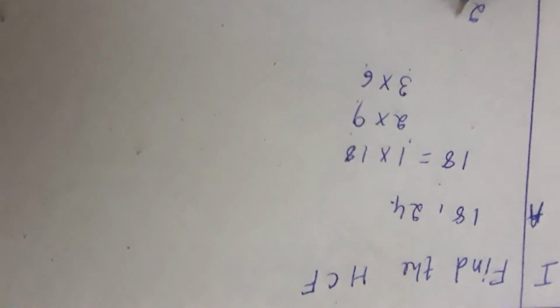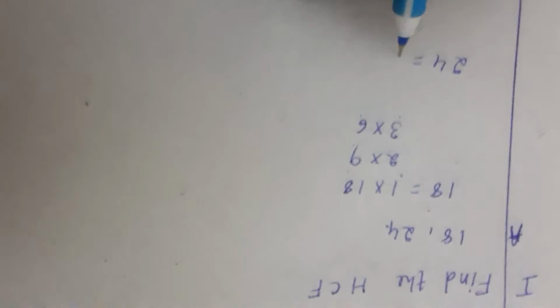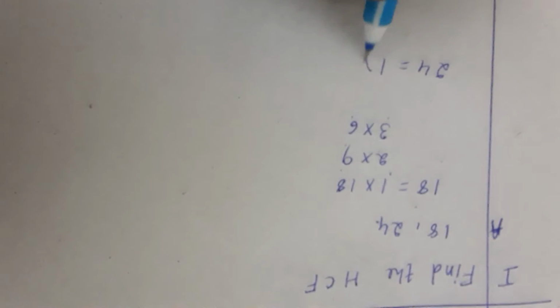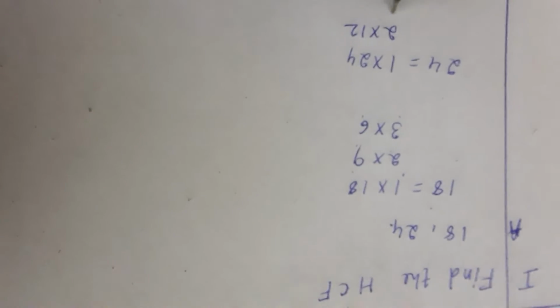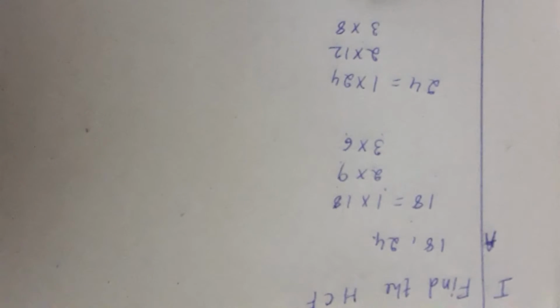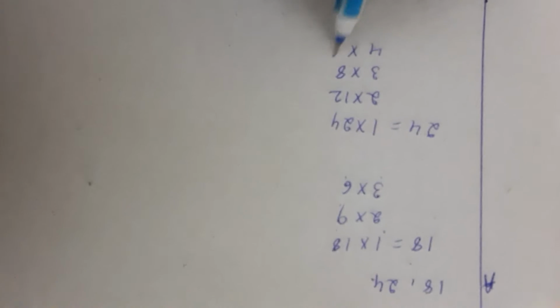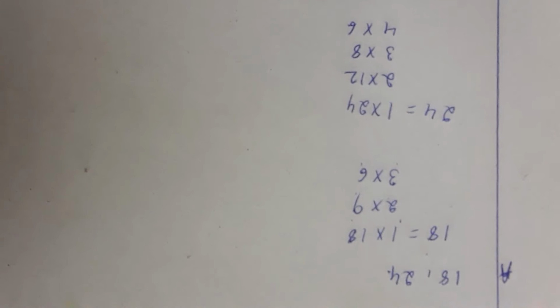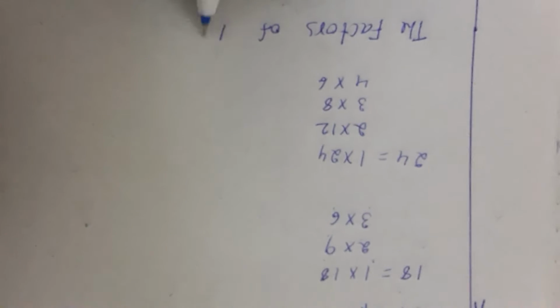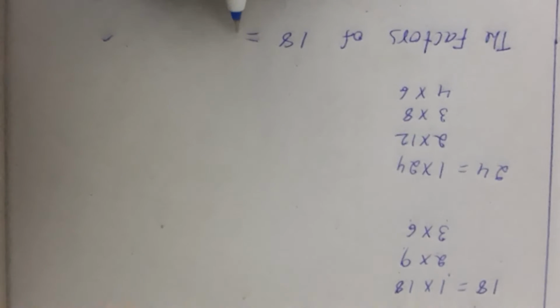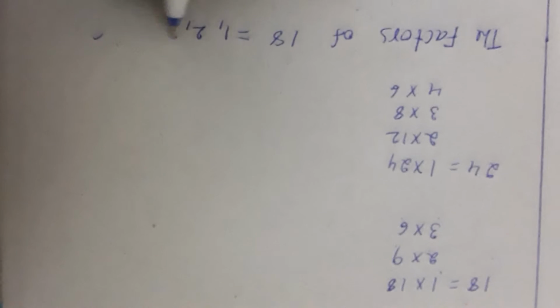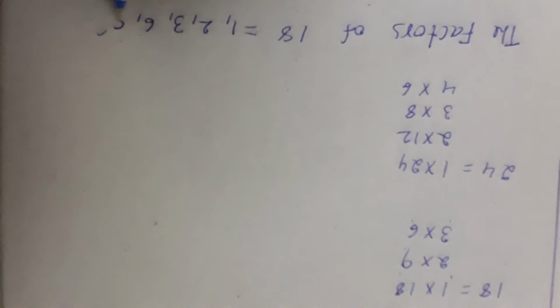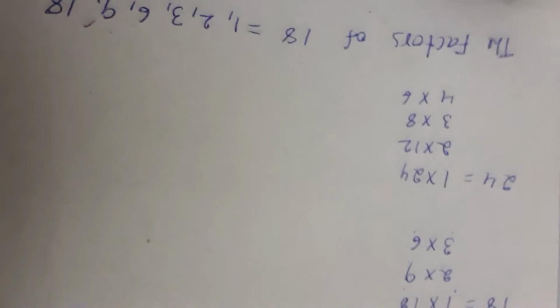Then 24 we can write as a product of two numbers, like 1 into 24, 2 into 12, 3 into 8, 4 into 6. So the factors of 18 equal 1, 2, 3, 6, 9 and 18.